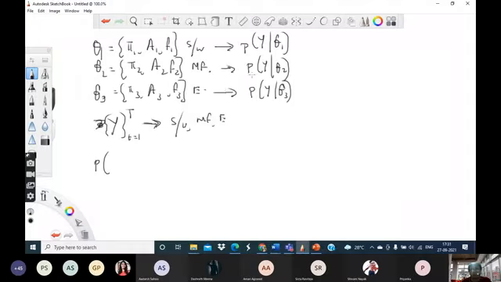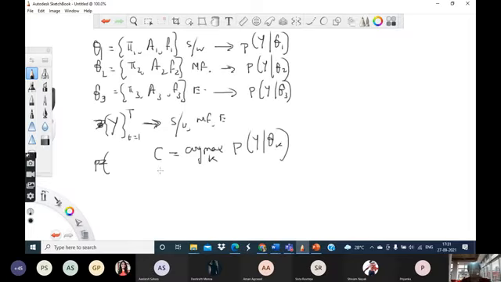Whichever HMM is most likely to have produced this particular y, you predict that as the class label. So let's denote the class label as C. C is equal to argmax over K of P of y given theta K. Right?